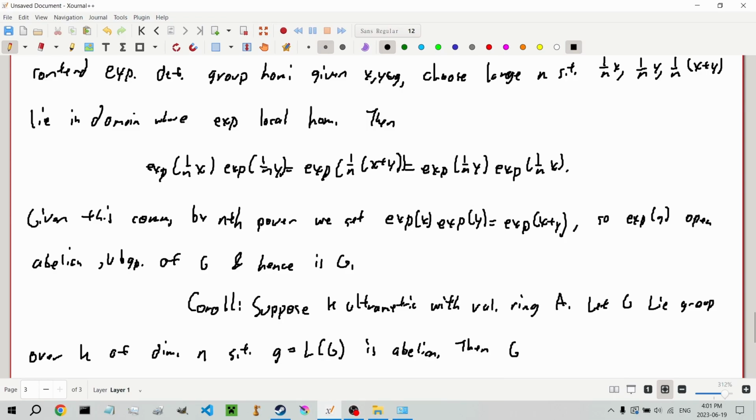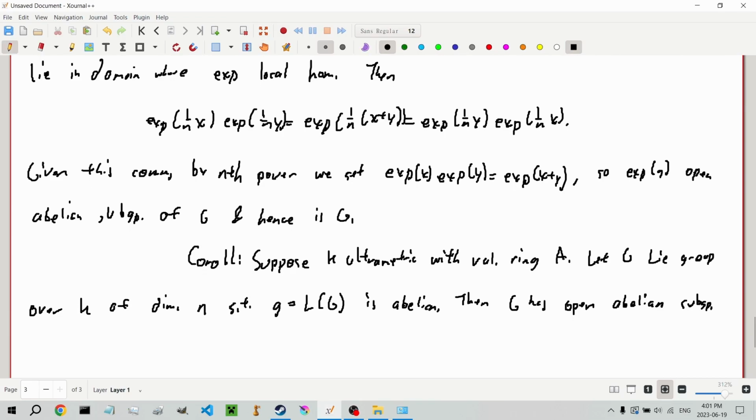And then G has an open abelian subgroup isomorphic to A to the n.